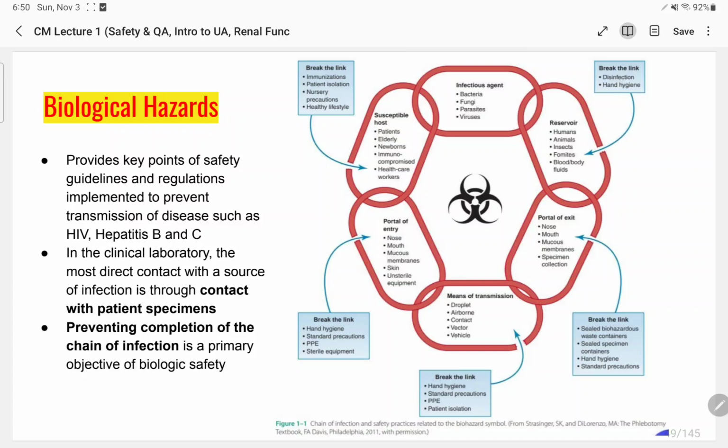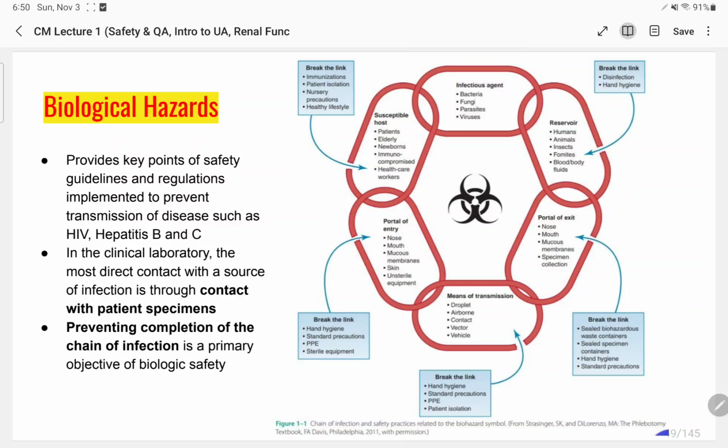For biologic hazards, what are biological hazards, by the way? These hazards are disease-producing agents. These are pathogens that can be transmitted to individuals from different routes. So biological hazards are pathogens nga maka-cause og sakit sa bisag kinsa nga tao in many possible ways.